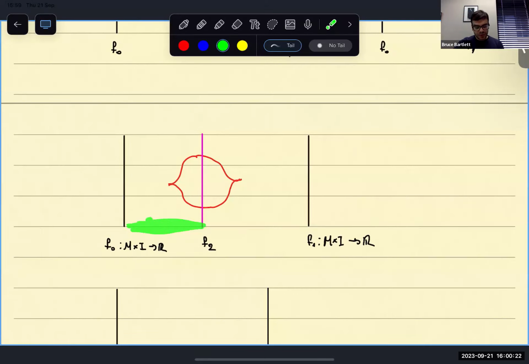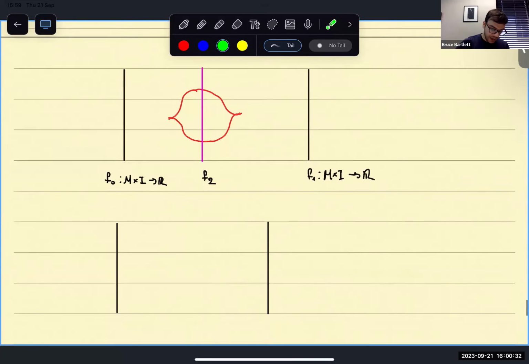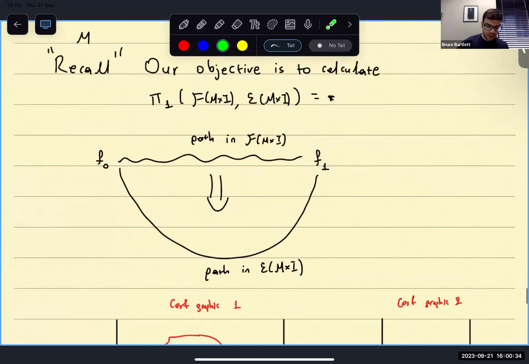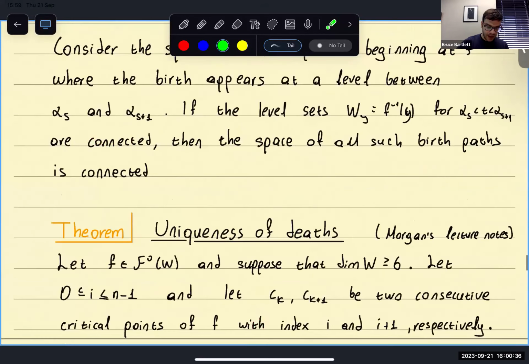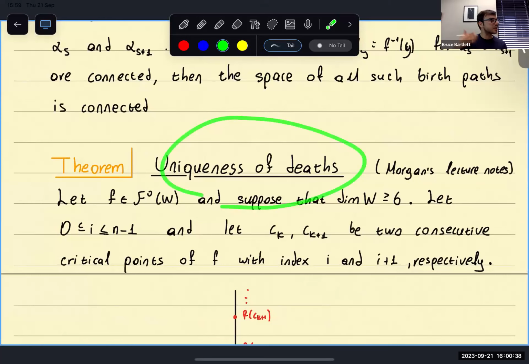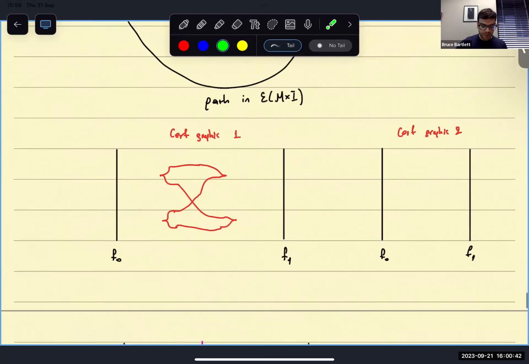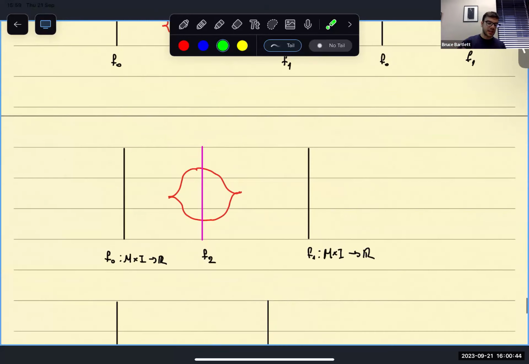The inverse of this birth path and this death path must be connected via homotopy, if the conditions of this uniqueness of deaths theorem are satisfied.